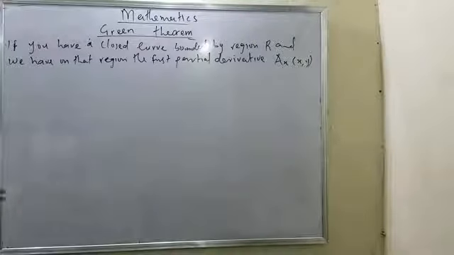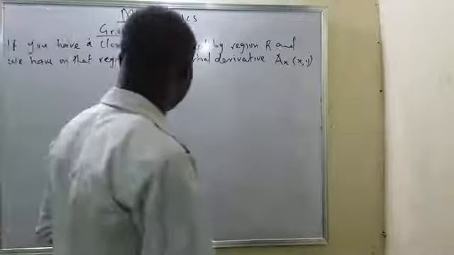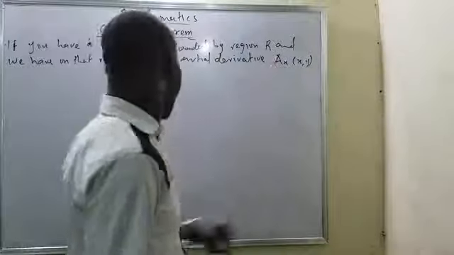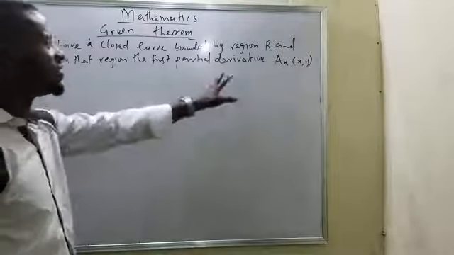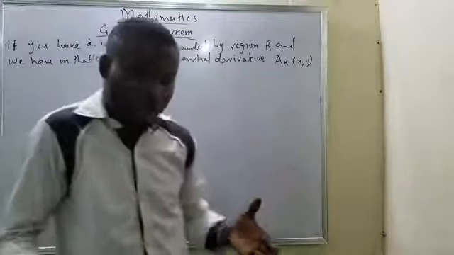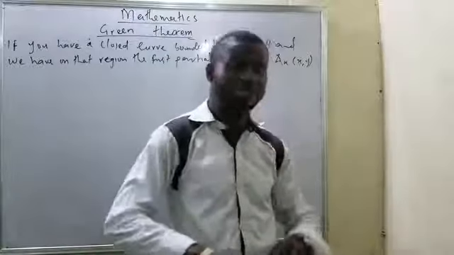Now, when we talk about Green's theorem, if you have a closed curve bounded by region R, and we have on the region the first partial derivative, it means we are talking about x and y of the same function.